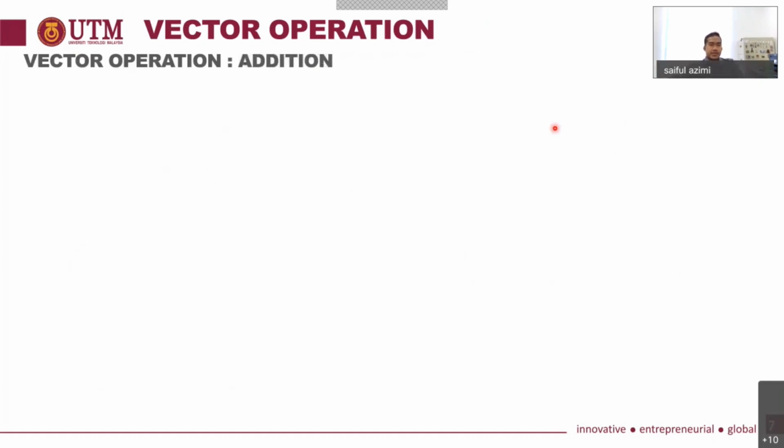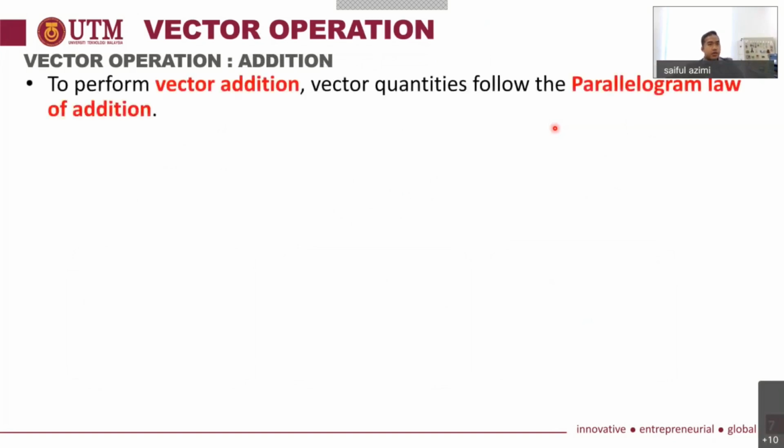Okay, next is addition. To perform vector addition, vector quantities follow the parallelogram law of addition. So let's say you have two vectors, vector A and vector B, and you want to add them together. How should you do it?